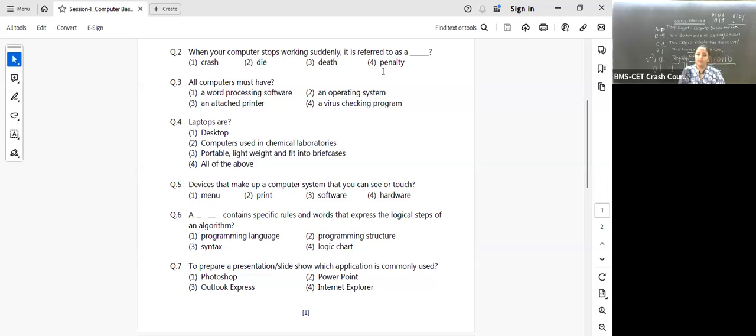Once you're done with computers, you can start with GK.